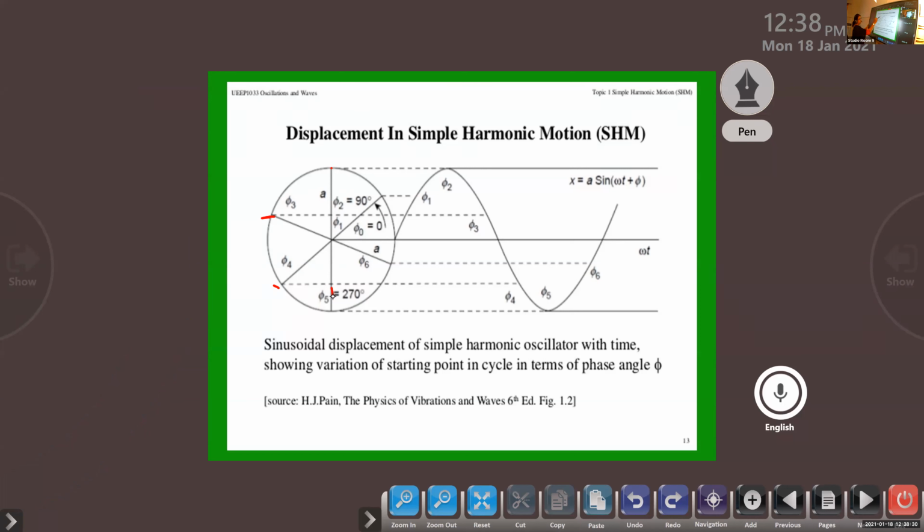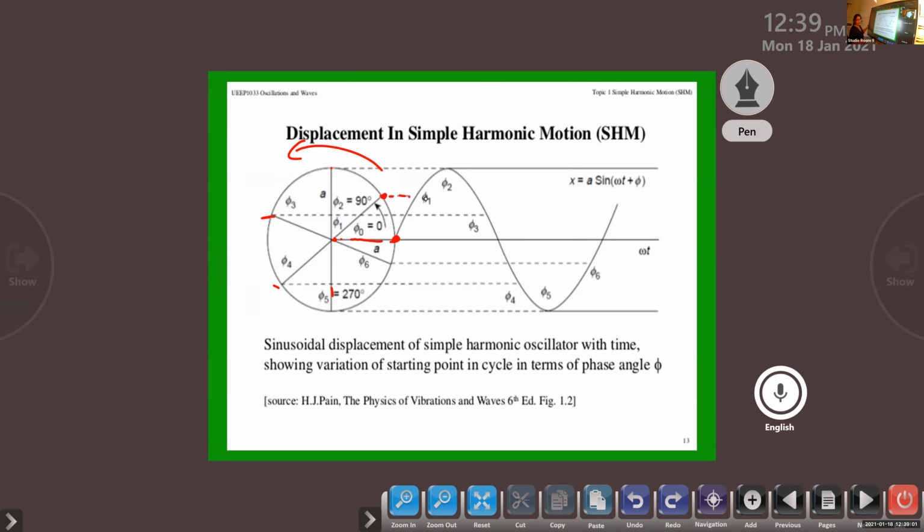Therefore, how do you form this oscillatory or sinusoidal wave? What we do is, suppose this is the initial phi. We draw a line and that will be the initial position. Then you can see there's another angle here. That means the ball has reached up to this position and you can see there are dotted lines.